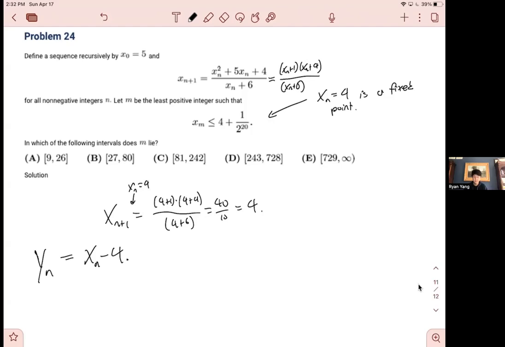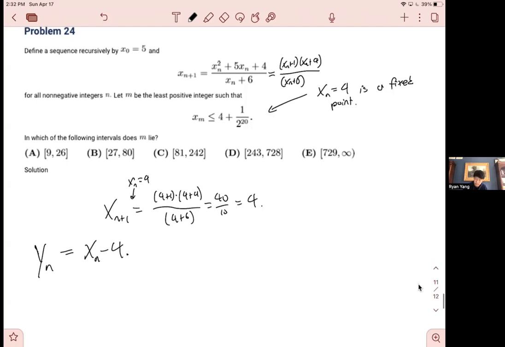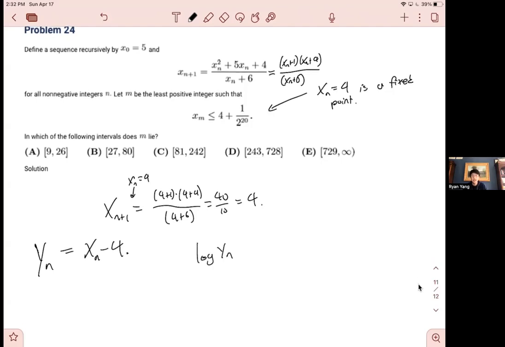Because once we do this, we can take the log of y sub n, and this will actually mean something. Otherwise, if we don't do this substitution, then we're just getting closer to 4, but it's hard to tell the difference between being 1/10 away from 4 and 1/100th away from 4.